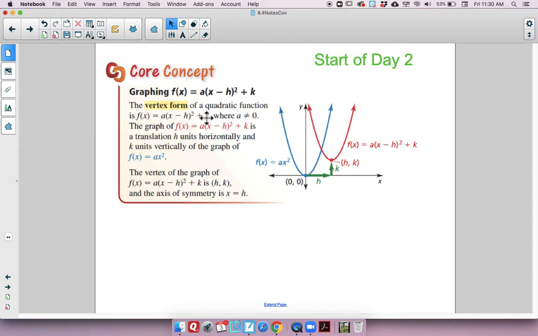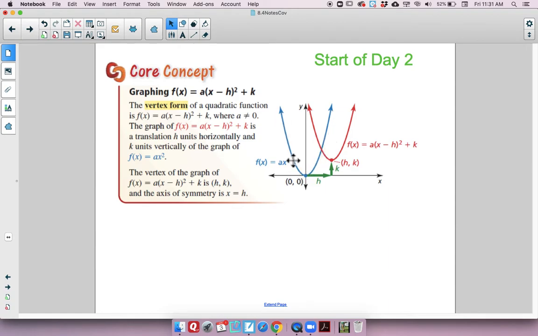So the vertex form of a quadratic function is f of x equals a times the quantity x minus h squared plus k, where a does not equal 0. If a was 0, then this whole thing just goes away. The graph of f of x equals a times the quantity x minus h squared plus k is a translation h units horizontally and k units vertically of ax squared.